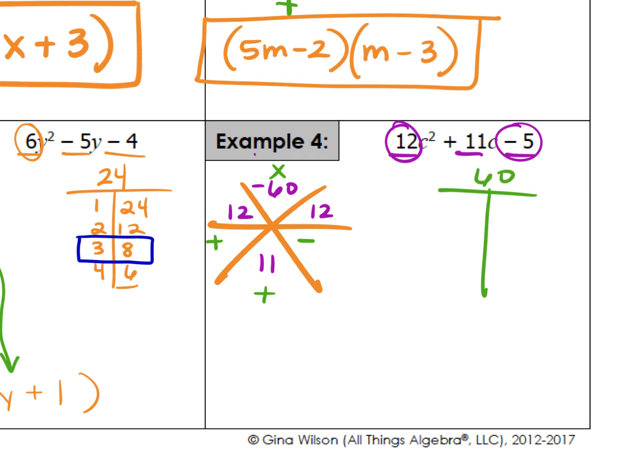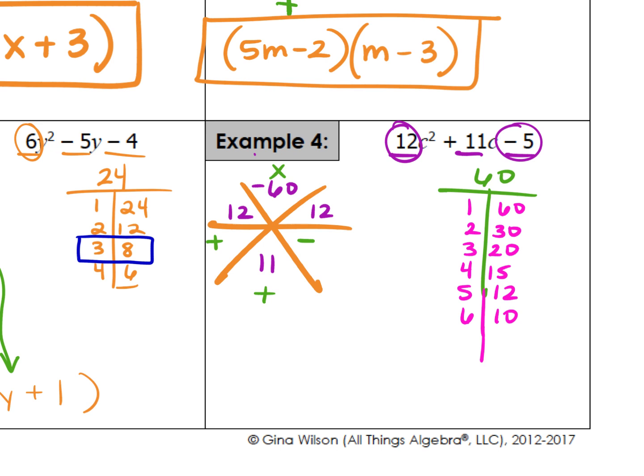So to get 60, oh, there's a lot for 60. 1 times 60, 2 times 30, 3 times 20, 4 times 15, 5 times 12, 6 times 10, 7 doesn't work, 8 doesn't work, 9 doesn't work, and we're to 10. So those are all the factors of 60.